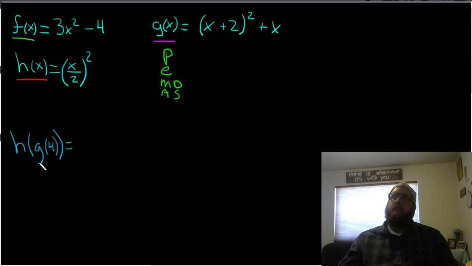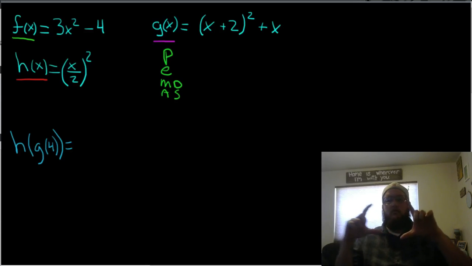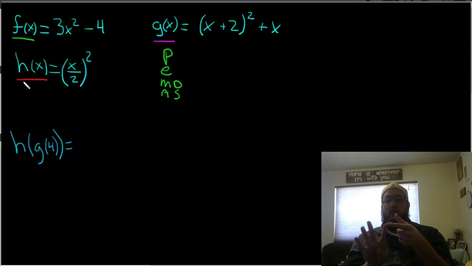So we're evaluating the function h, evaluated at the function g of 4. So let's first look for our function h. So here's our function h. So we're going to be taking this function and evaluating it at g of 4.